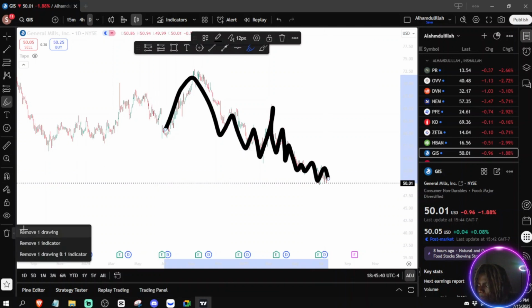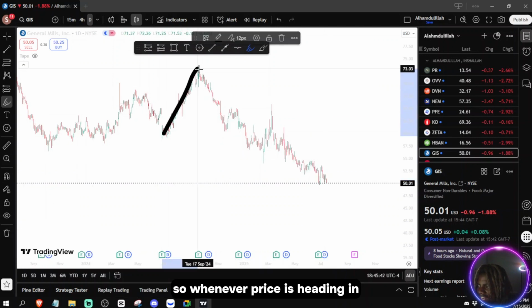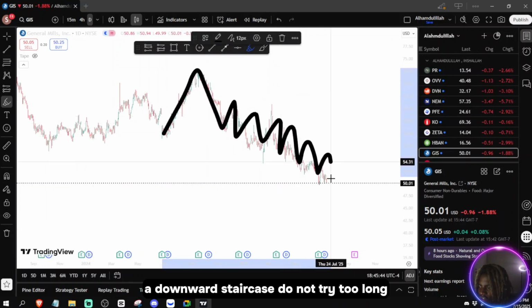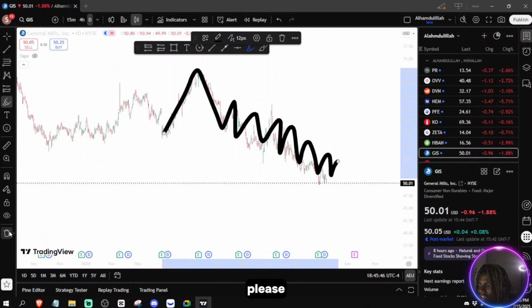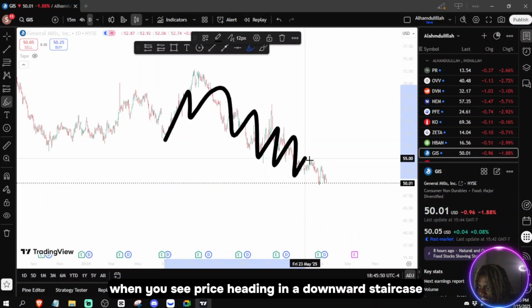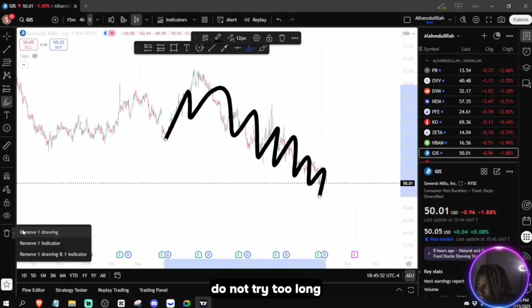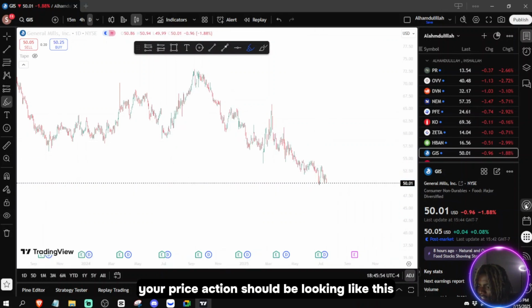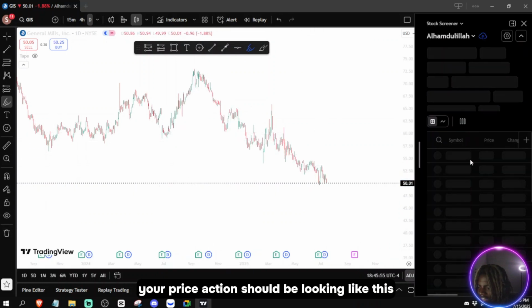Okay. So whenever price is heading in a downward staircase, do not try to long. Please, when you see price heading in a downward staircase, do not try to long. Your price action should be looking like this.